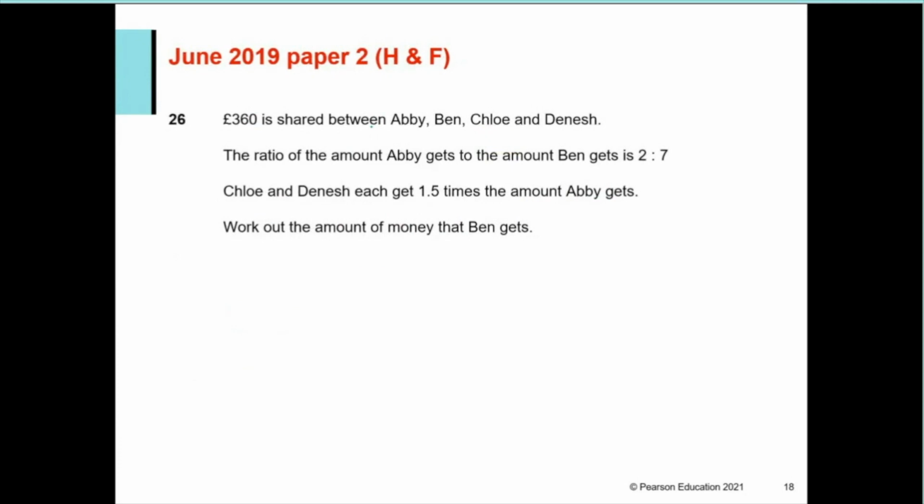I know students found this one difficult because we've got a bit of a mixture of ratio in there. We've got a bit of this 1.5 times bigger than Abby. So again, before we even start, we work out how many different names we've got. A, B, C, D, nice and easy. I'm going to write them in that order.